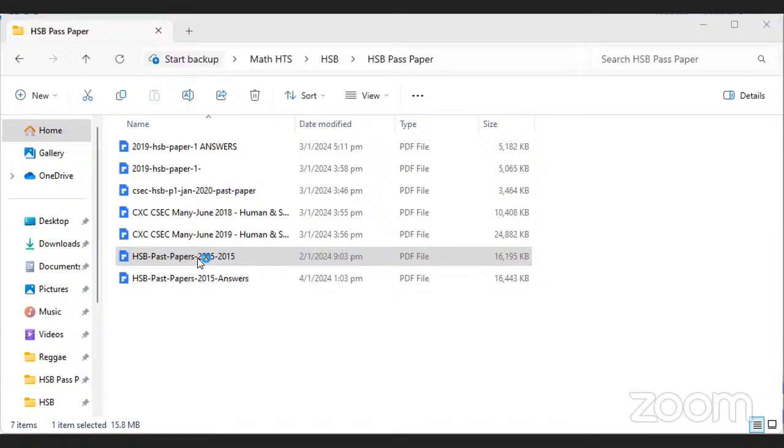We're trying to move into paper 2. So we will begin paper 2 today, and at another class, we will continue for paper 2 2015. It's not coming up though. Well, it's coming up on my screen.